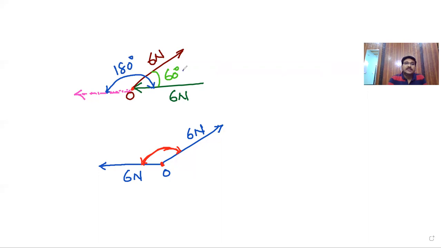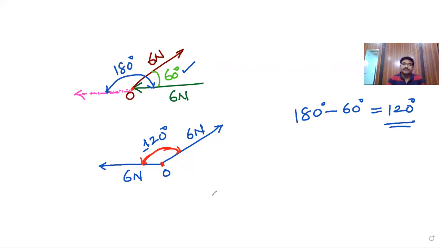If I subtract this 60 out of 180, then 180 minus 60, 120 degrees is the angle between them.